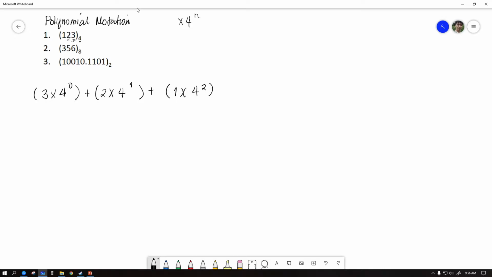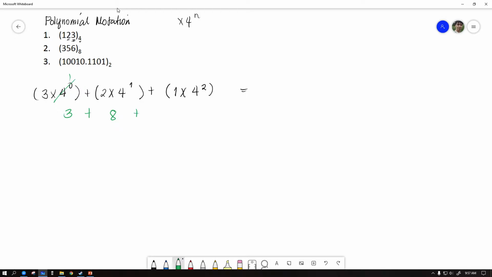And then to identify its decimal number system value, you should calculate this. So this becomes 3 times 4 to the 0, which is 1, and 3 times 1 is 3. Plus 4 raised to 1 is 4, times 2 is 8.